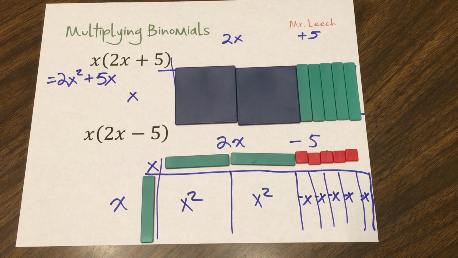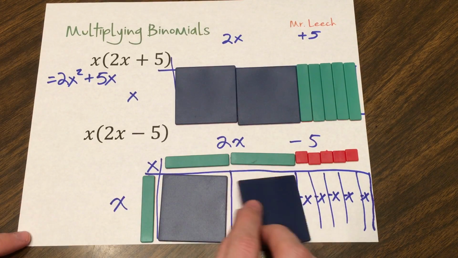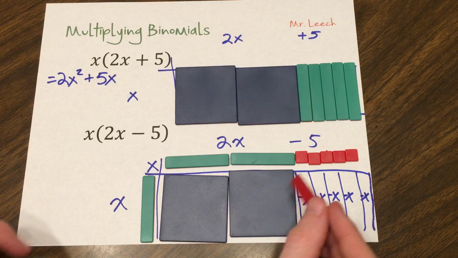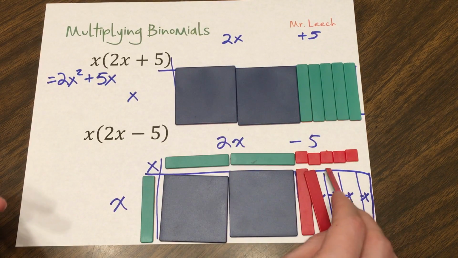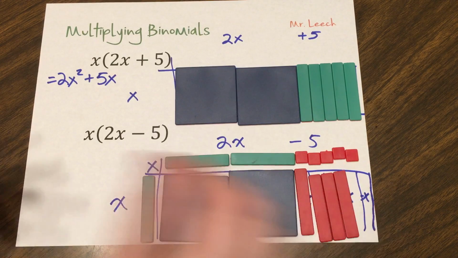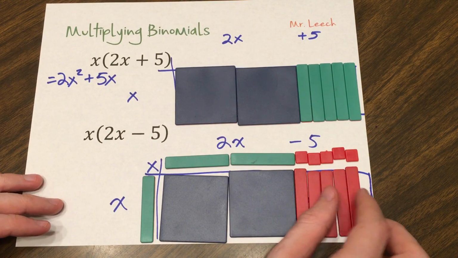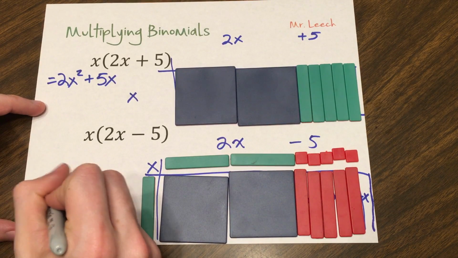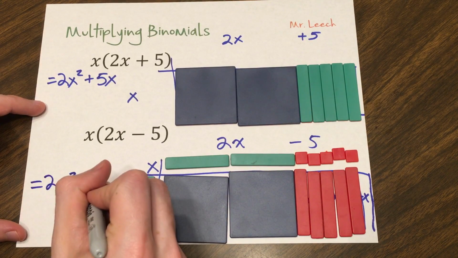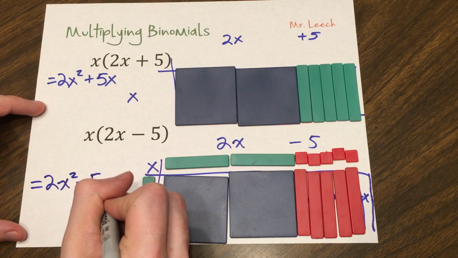With the tiles, it's going to be x squared plus negative x plus negative x plus negative x plus negative x plus negative x, giving us negative 5x. So this is equal to 2x squared minus 5x.